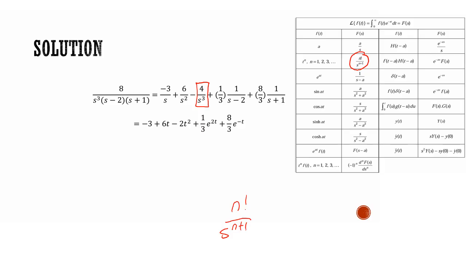Since this is s to the power of 3, n is 2, because 2 plus 1 equals 3. So we can write it like this. So this will be 4 t squared, right?